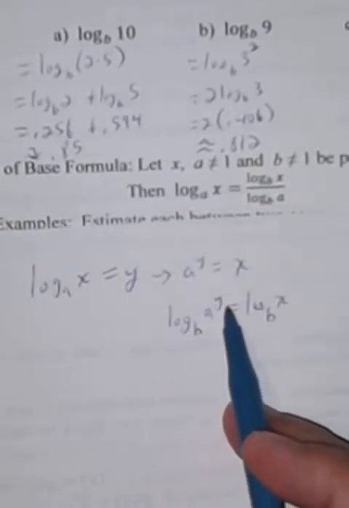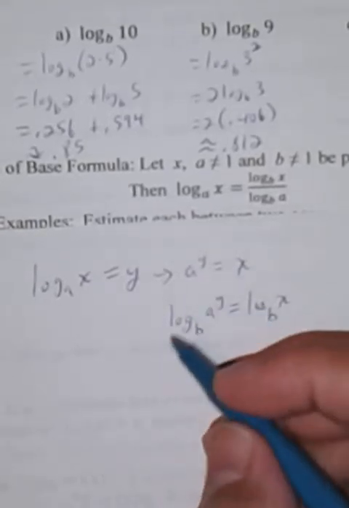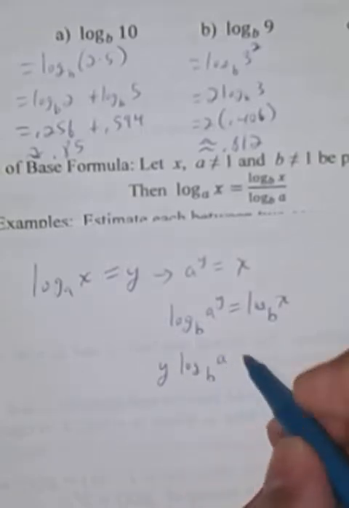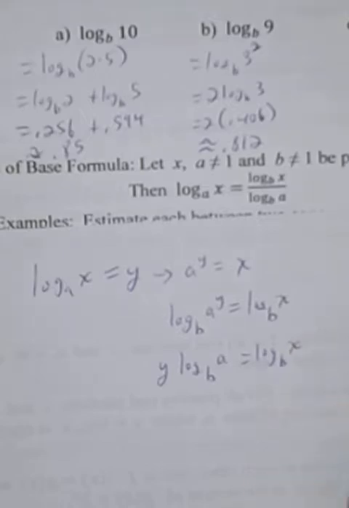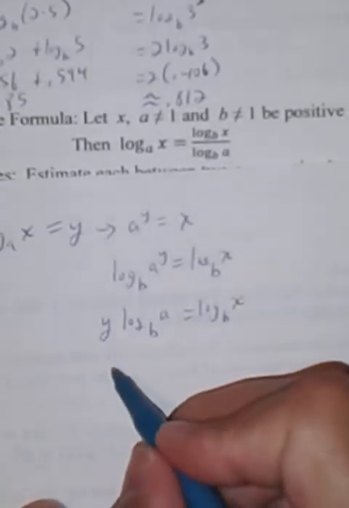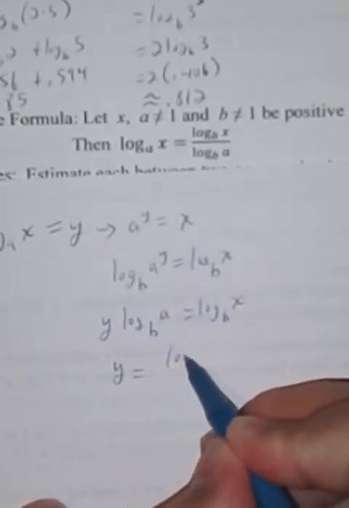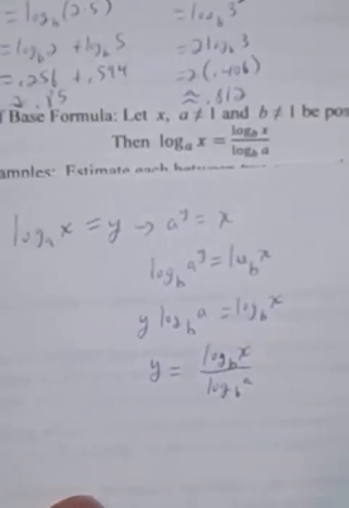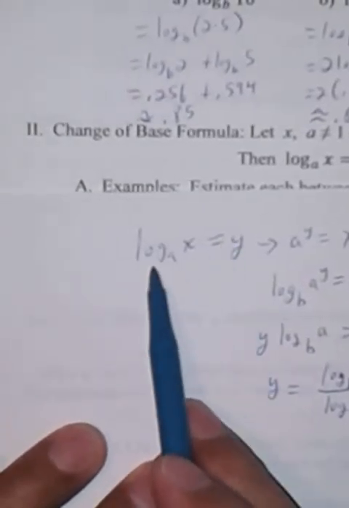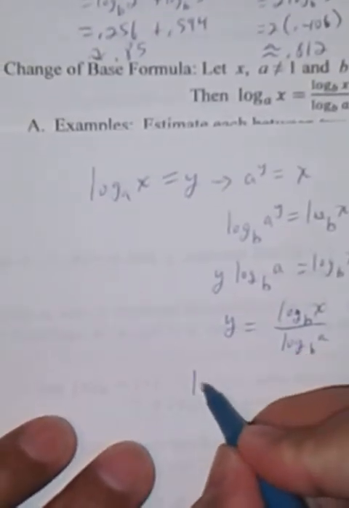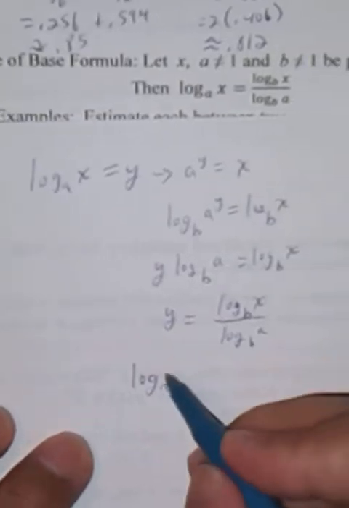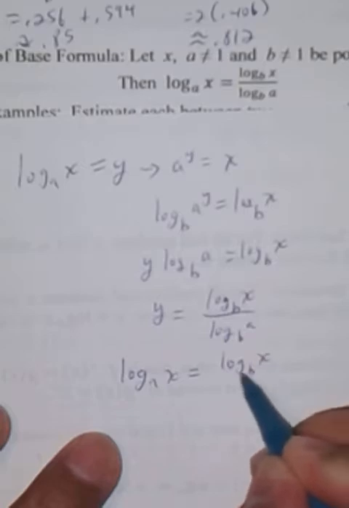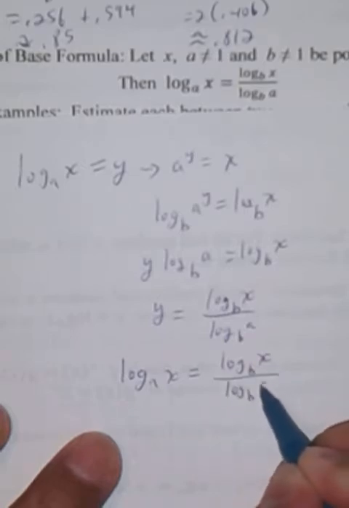I'm going to bring the y power over to the coefficient, so this will be y times log base b of a equals log base b of x. And if I solve for y, I will have y equals log base b of x over log base b of a. And now y, remember, is log base a of x, so I'll replace y with log base a of x. Then it is log base b of x over log base b of a.